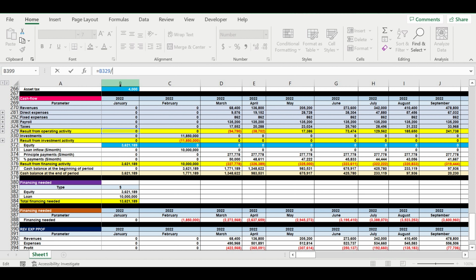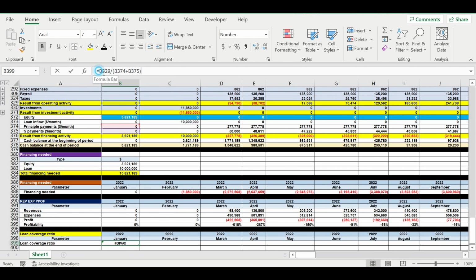Then you just divide this value, the result from operating activity, by the sum of principal payments and interest payments. So this is the external burden from your bank. Then you press enter.